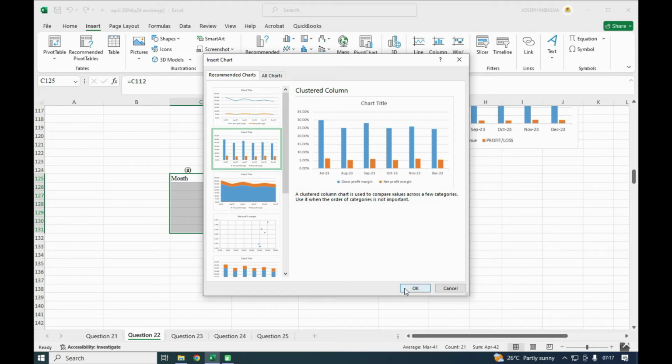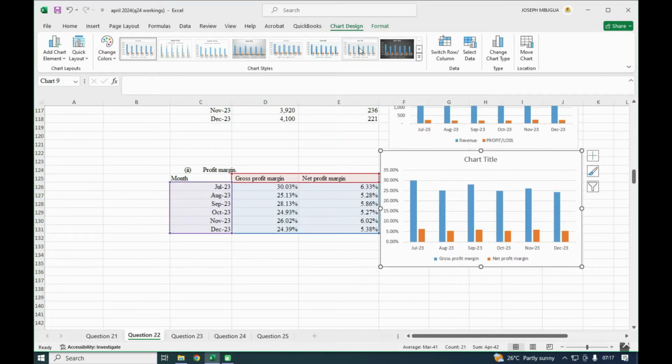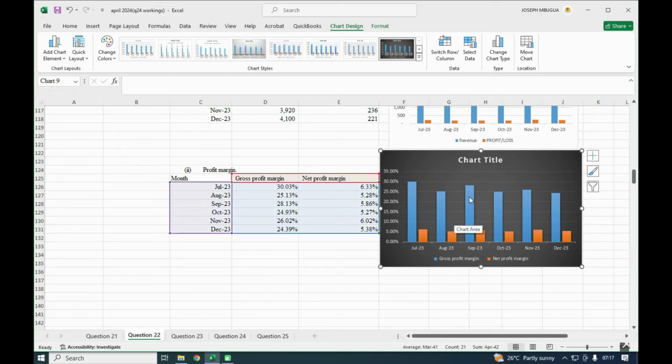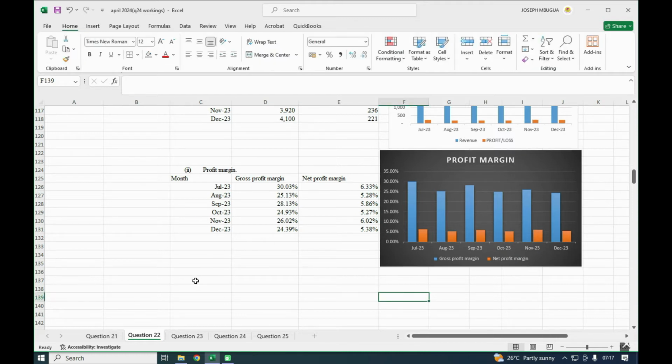Still we can use a chart. These are profit margins. So you have shown both the gross profit and the net profit.